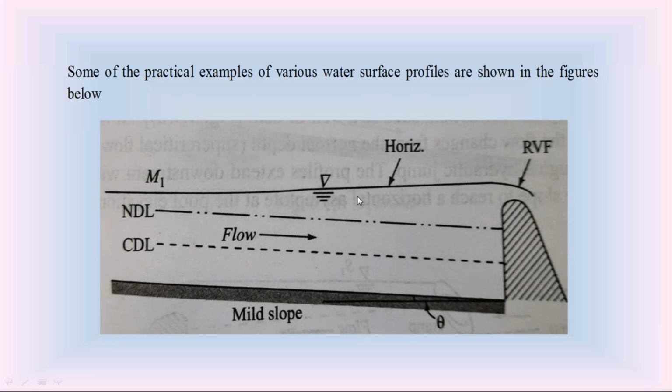So, in this diagram, the length of this water surface profile is to be determined. In the case of dams, the length of this water surface profile may be more than 50 to 100 kilometers. In the case of major canals, the length of the backwater curve is up to 2 to 3 kilometers.